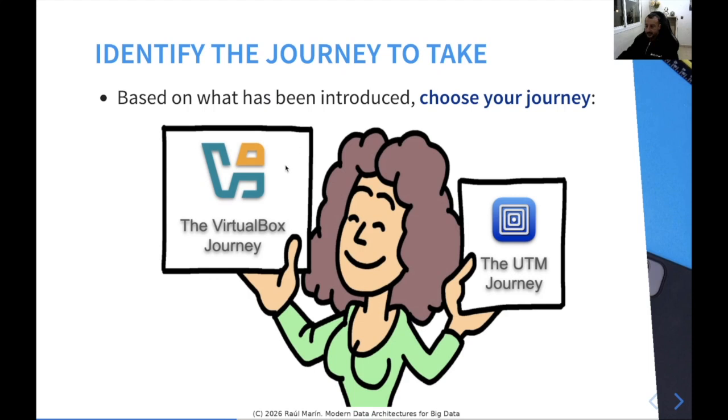So you have a Windows machine with an Intel-based processor, or you have an old Apple computer with an Intel processor. This is going to be your journey. If you have a new Apple computer with an Apple Silicon processor, this is going to be your journey.